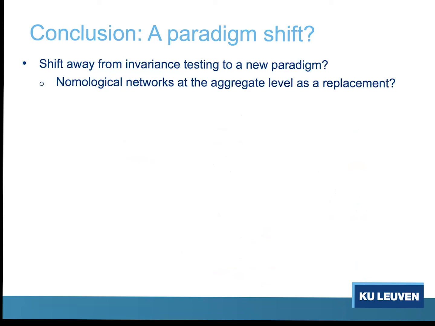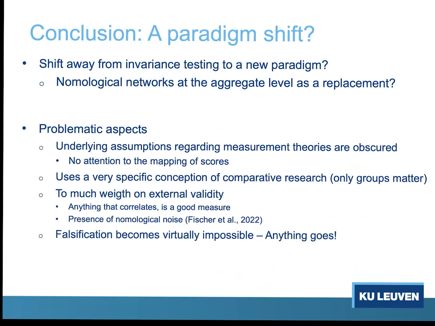So the question that we started from is, what is our practice of measurement invariance testing? Is it still useful? Do we need a paradigm shift? Do we, for example, need to replace measurement invariance testing by more external validation, such as looking into nomological networks? And I would say, no, I think it's still a very relevant and useful technique. One reason is that the alternatives are problematic in their own respect, right?